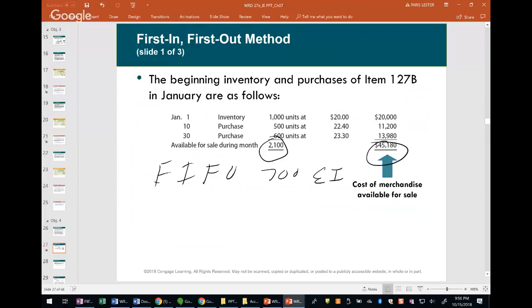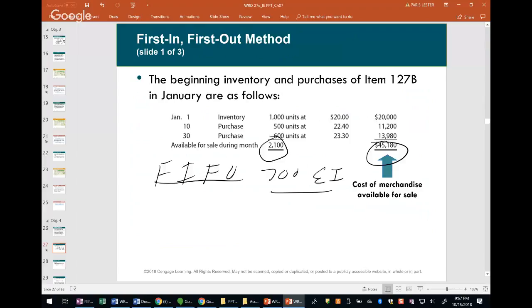Now, under FIFO, what 700 do I have? You don't have to look at dates now. For periodic, just look at what you've got. I've got 700 units left. What 700 do I have left under FIFO? Remember, FIFO means first in, first out.